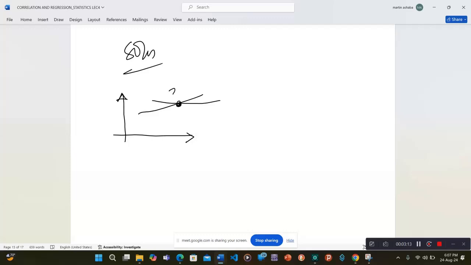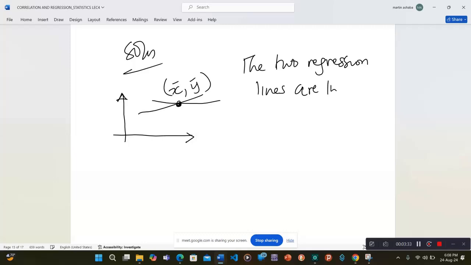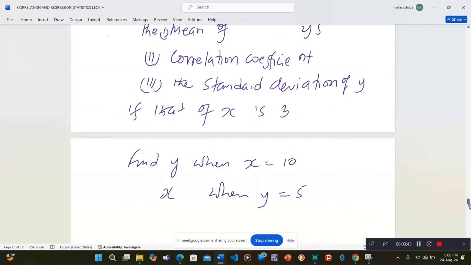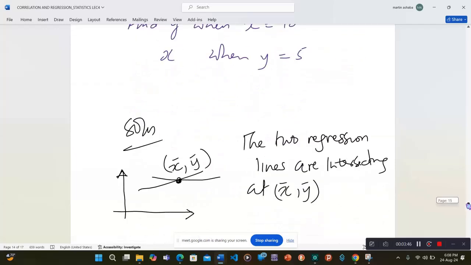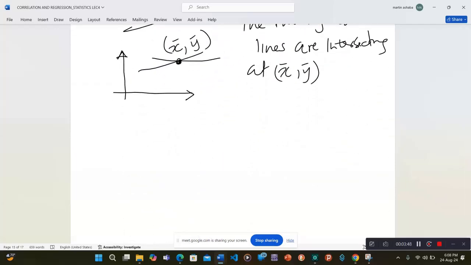Where they intersect, it will be the y bar and the x bar. So the two regression lines are intersecting at x bar, y bar, and that is the very first observation that you have to make.